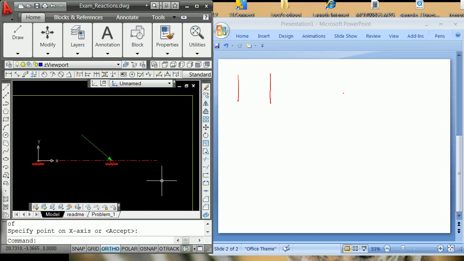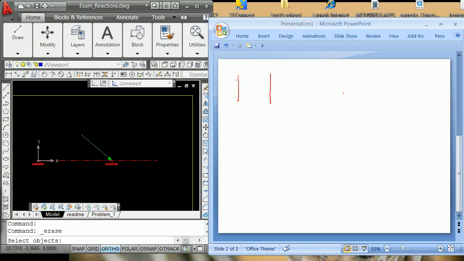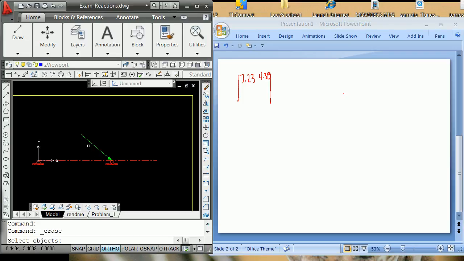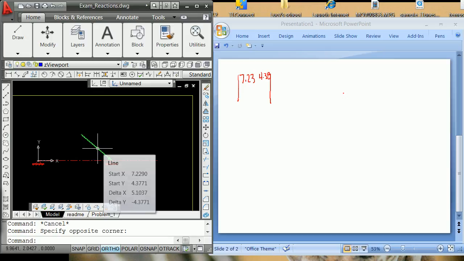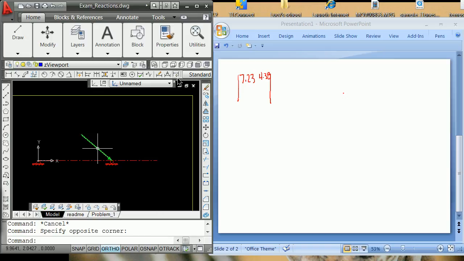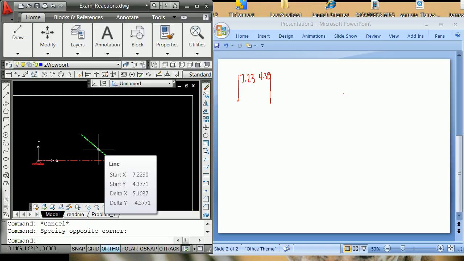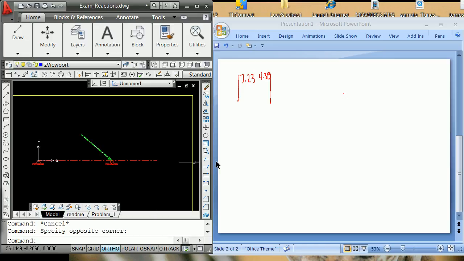(7.23, 4.38). In other words, that, in my case, because I'm not sliding the vector, because you can use the rule of transmissibility, in this case you know that in fact the tooltips gives you 4.38, and it gives you then, and this is not the easiest, but we'll do it, 5.1 and minus 4.38.